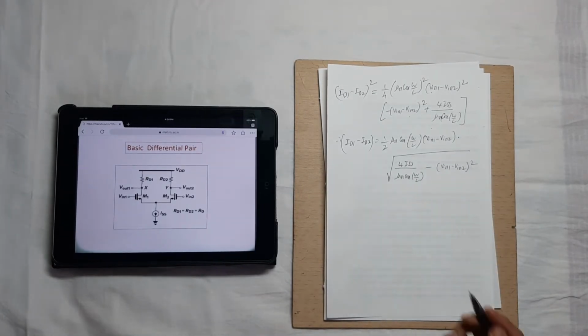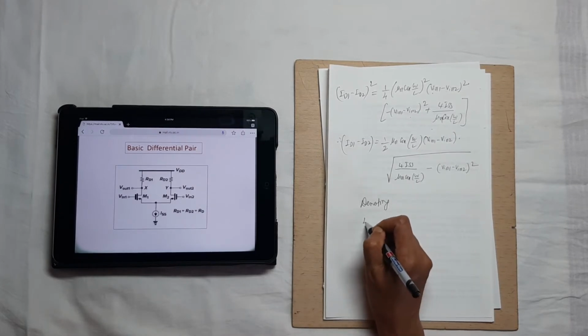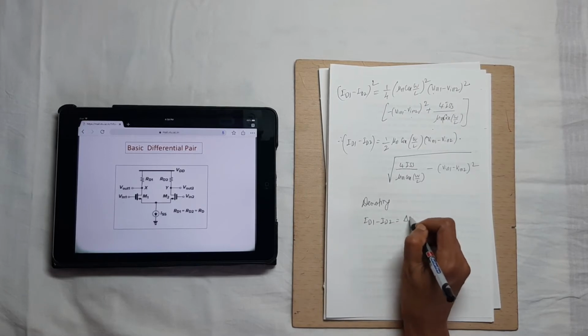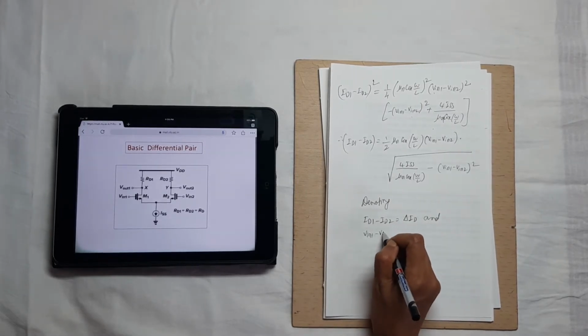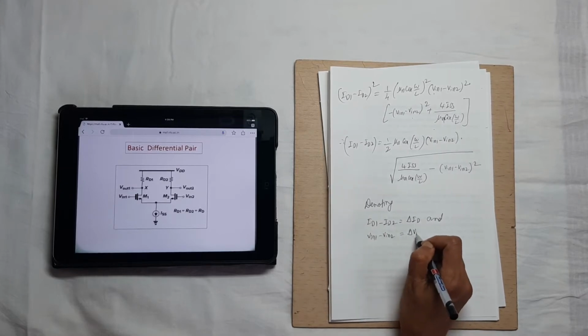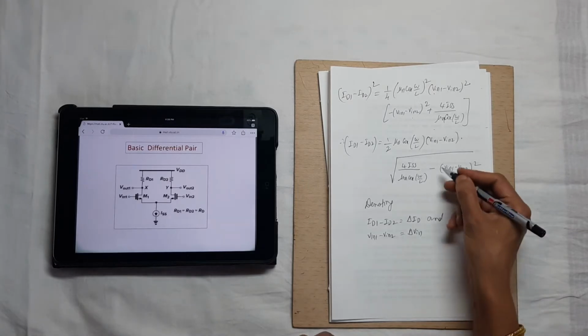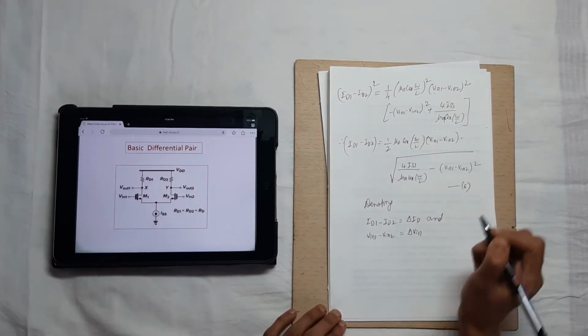Now what we do is denote ID1 minus ID2 is equal to delta ID, and Vin1 minus Vin2 is equal to delta Vin. Now from this expression, let us call this expression number 6.